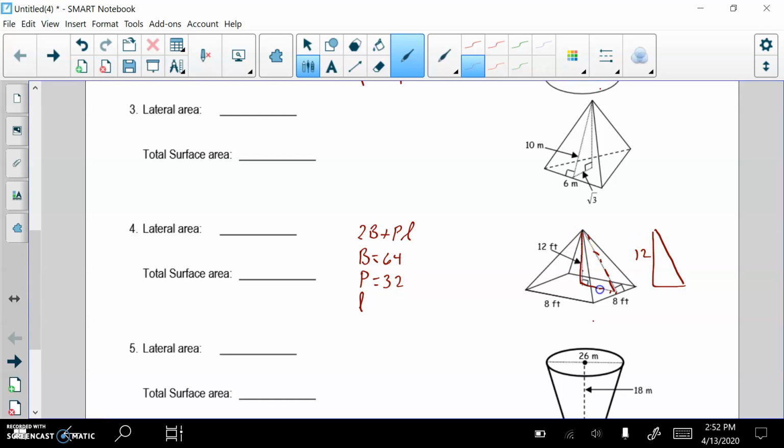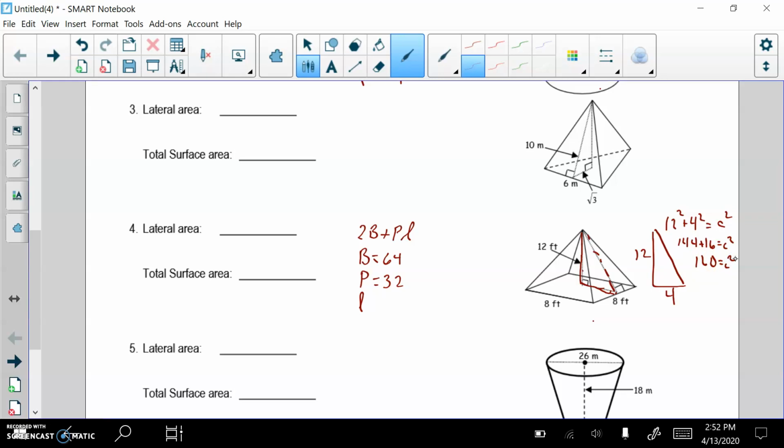And I know that this number is 4. Okay, so I do the Pythagorean theorem, 12 squared plus 4 squared equals c squared. That's 144 plus 16 equals c squared. That's 160 equals c squared.